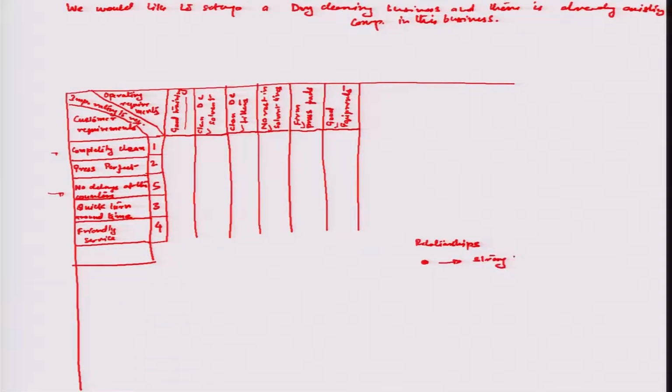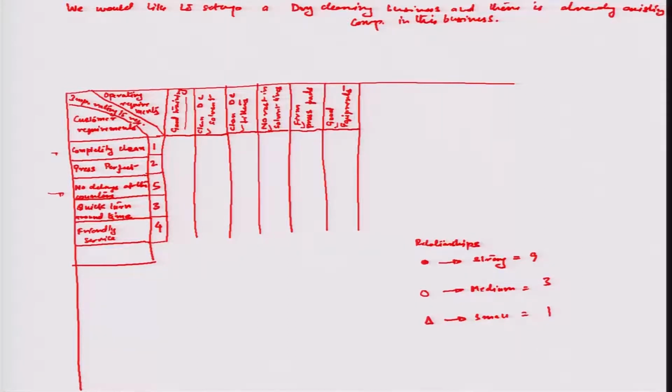On a scale of 1 to 9, maybe the level of relationship is about 9. Similarly, there could be one which shows a medium relationship, shown by, let's say, an open circle. So here we could have a medium, for example, rating 3 kind of relationship on a 1 to 10 scale. And then we could also have another smaller rating with an open triangle, which could show a rating of about 1.